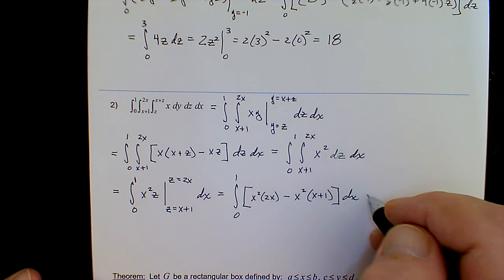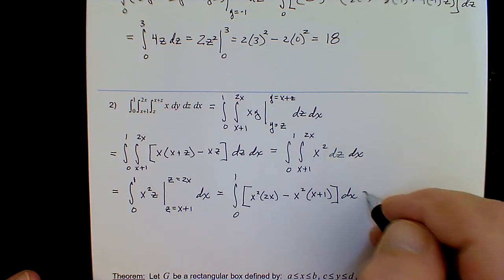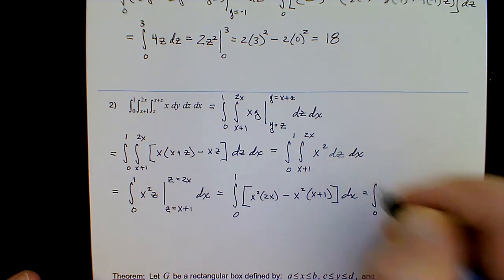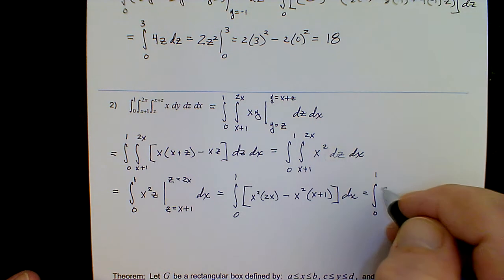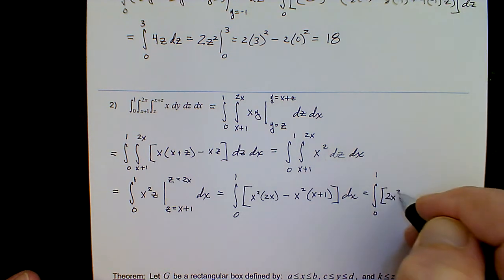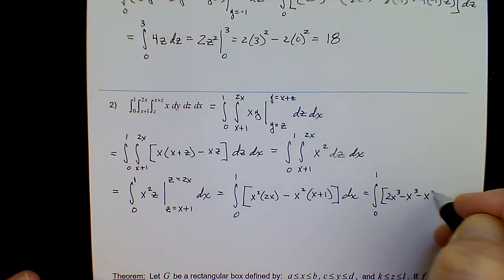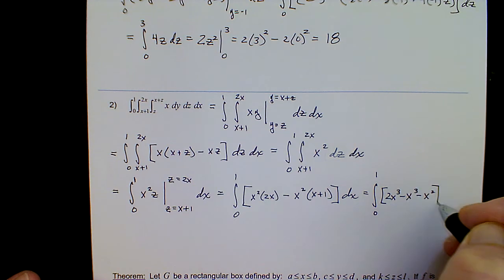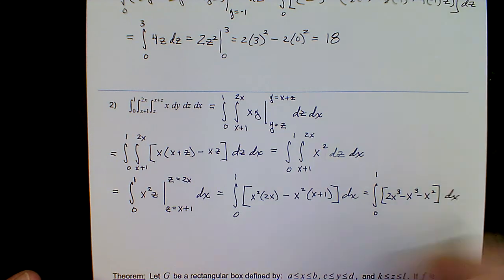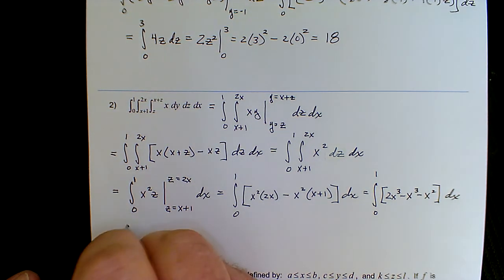Okay, so just instead of doing this mentally, I'll show it literally, but we should be able to get this mentally. It'd be 2x cubed minus x cubed minus x squared, all with respect to x.